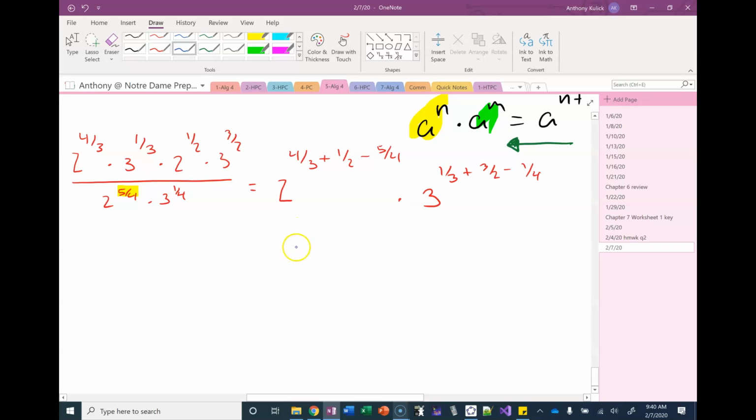So if I multiply the first fraction by 4/4, I'll multiply the second fraction by 6/6, and the third fraction by 3/3. Then for the powers of 3, I'll multiply the first fraction by 4/4, and then the next fraction by 6/6, and then by 3/3. Oops.